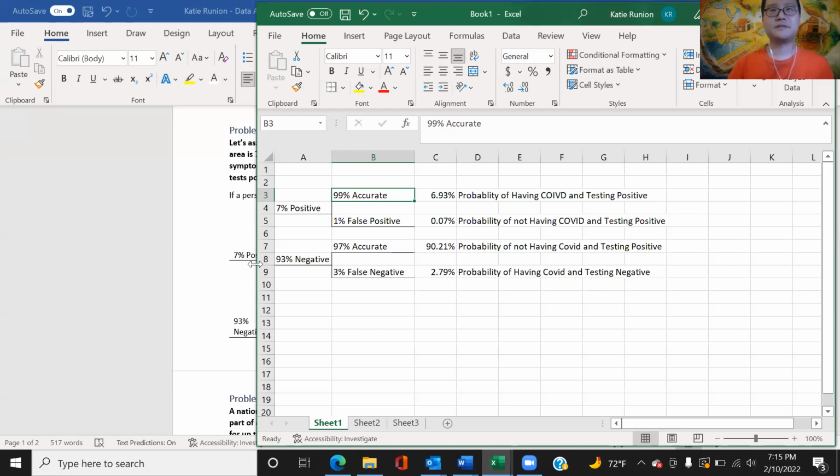So instead of 99%, here we should have 97% as the accurate, because the remainder, the 3%, will be false negative.